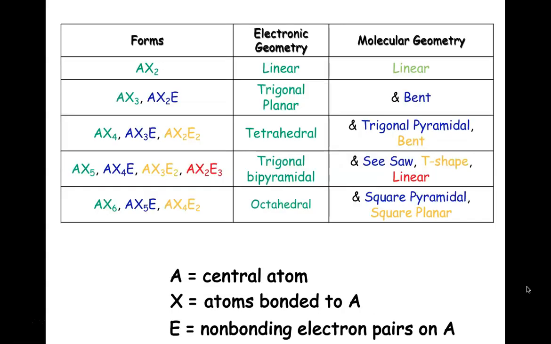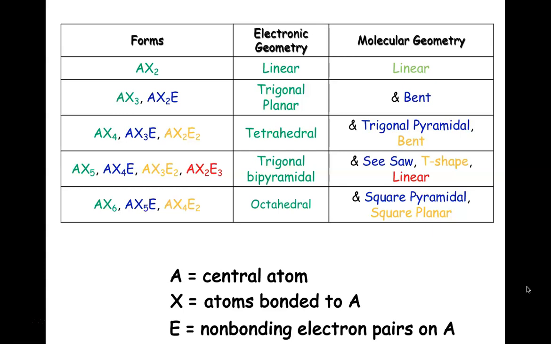Same chart, but now showing electronic geometry and the molecular geometry. Anytime you have two atoms bonded, AX2, the electronic and the molecular geometry are going to be the same. However, when we get to the next row, I still have three things around my central atom, AX3 or AX2E1.